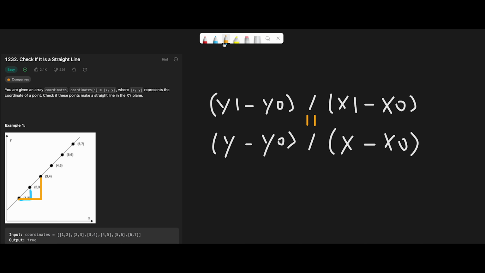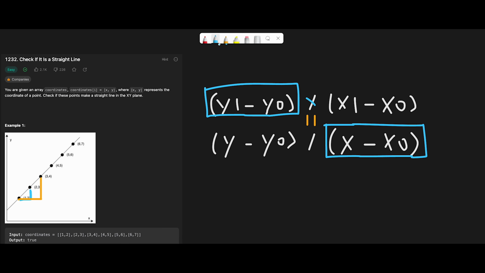That means if we switch these two x calculations, in the end, this y value multiplies this x calculation, and on the other hand, this y value multiplies this x value.